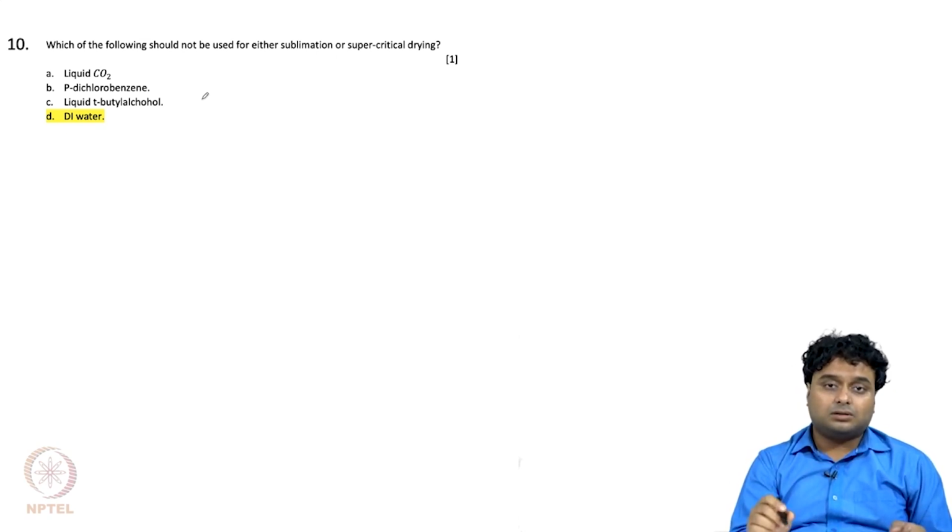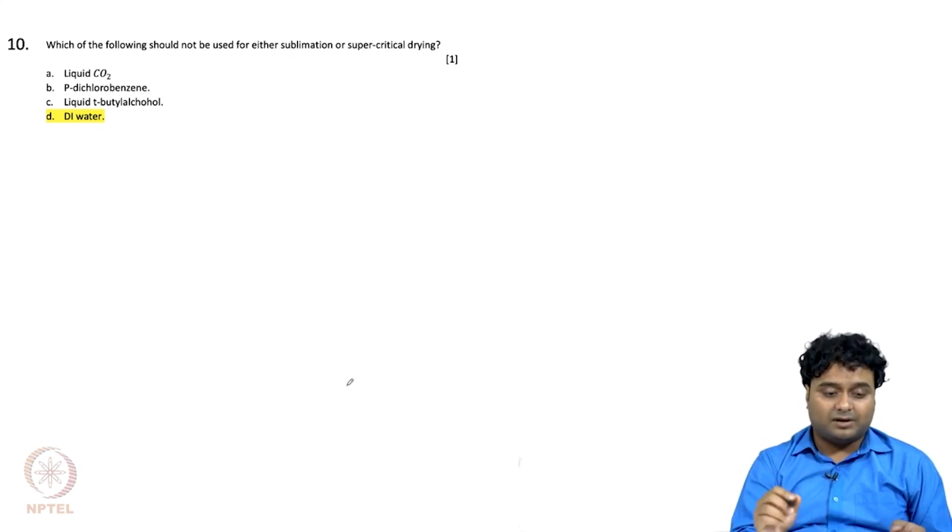Because this is not the agent for sublimation or supercritical drying. This is there because we get the sample from our last etching step or lift off step, so the sample is submerged into the DI water. So we cannot help that. We are not using DI water for supercritical drying or sublimation.